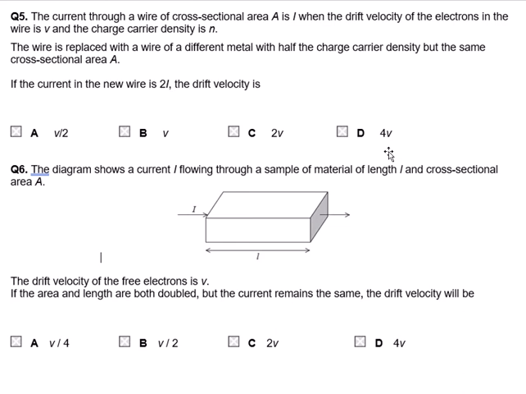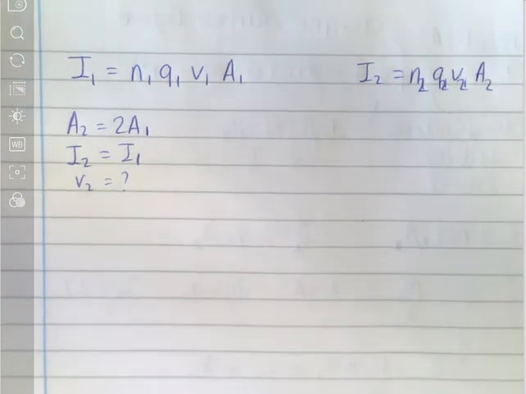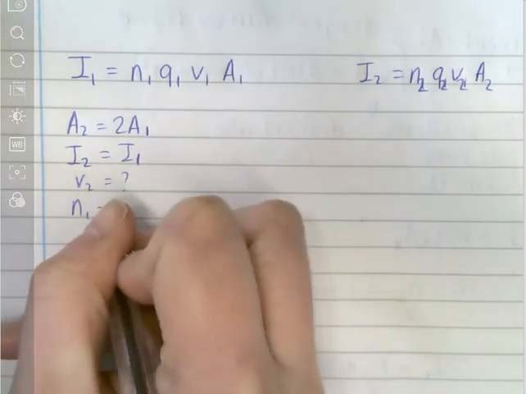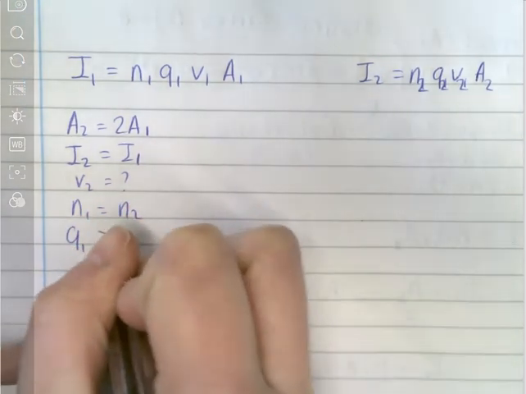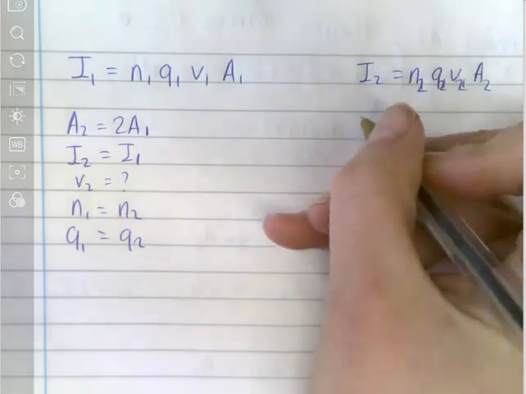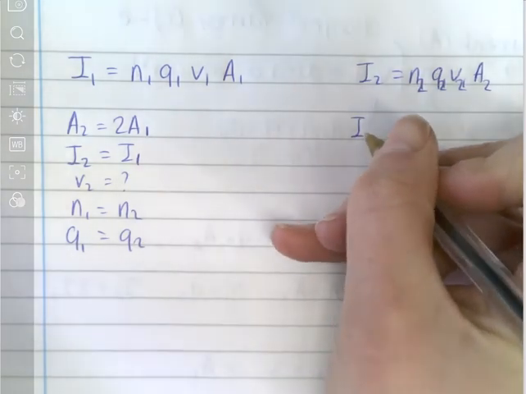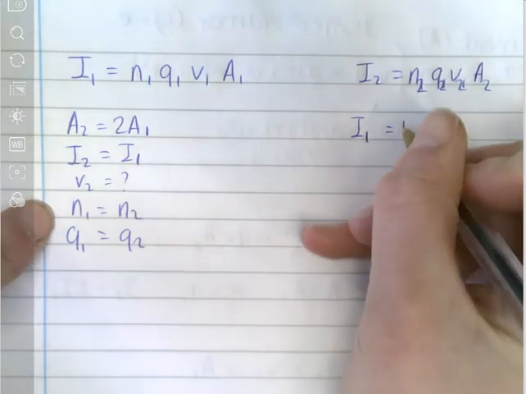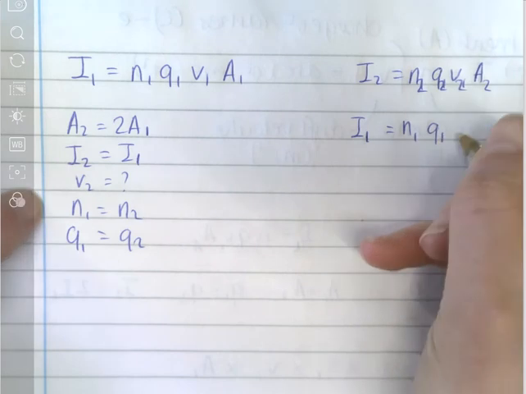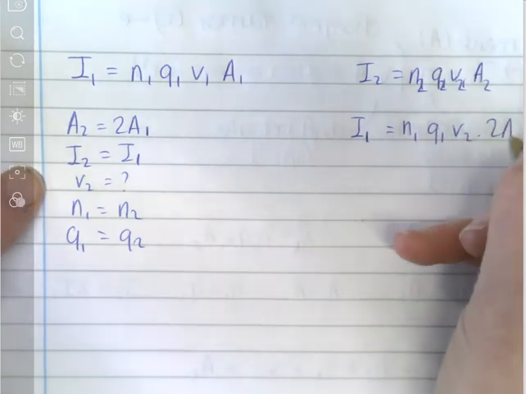I've kept the material the same, so that means that N1 equals N2 and Q1 equals Q2. So I2, which is equal to I1, equals N1 Q1 V2 times 2A1.